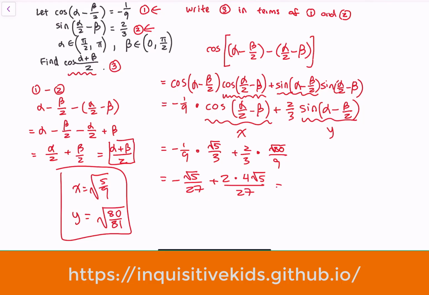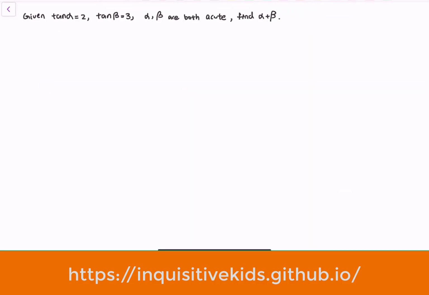And so we have 8 square root of 5 minus square root of 5 over 27, which is 7 times the square root of 5 over 27. So our original expression, which was cosine of alpha plus beta over 2, is equal to 7 times the square root of 5 over 27. We were able to solve this by writing what we're trying to find, the unknown, in terms of what we do know.